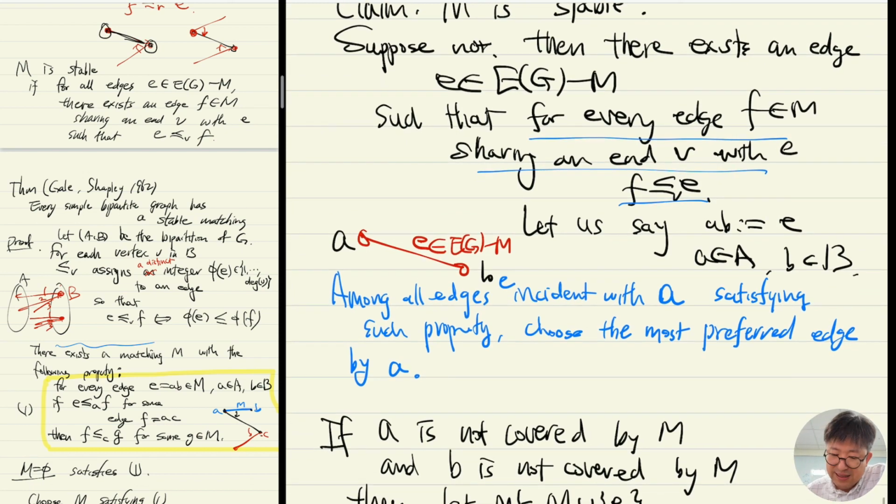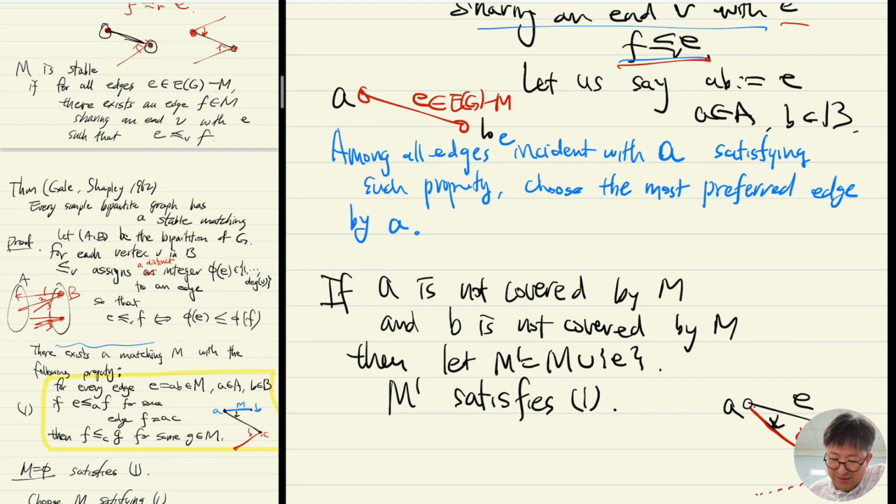Right? There exists no edge E such that for every edge sharing an end with E, you have this preferred condition, so I'm going to choose A so that among all edges incident with A, we choose the most preferred one.